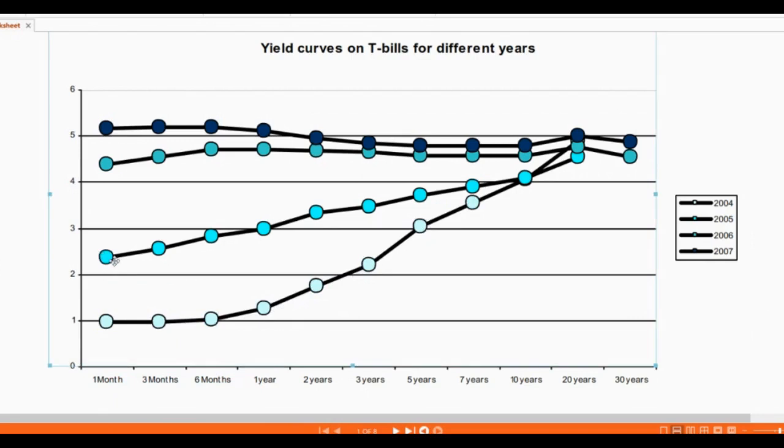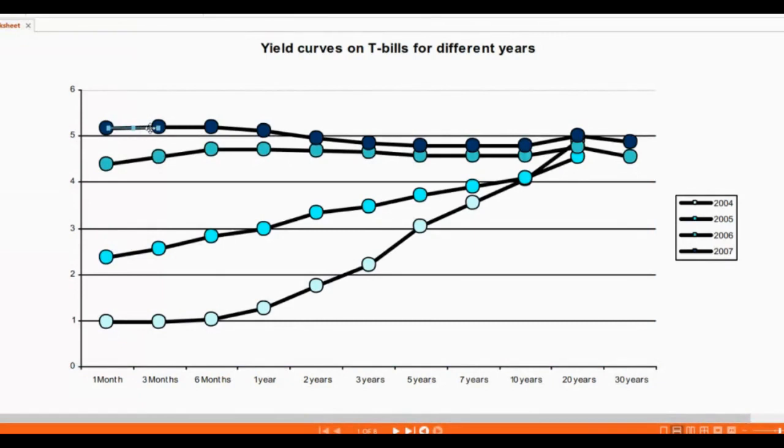Then this line is the same thing, except that it's for February 9th in 2005. What were the interest rates on the bonds of different maturities trading at that time? And then this is 2006. And the dark one is 2007.